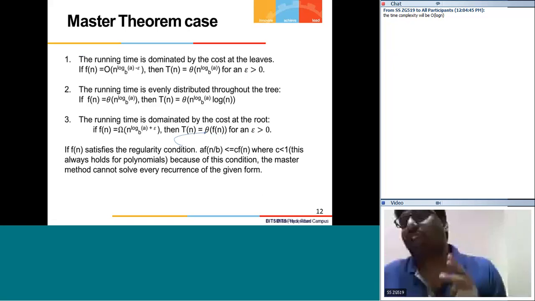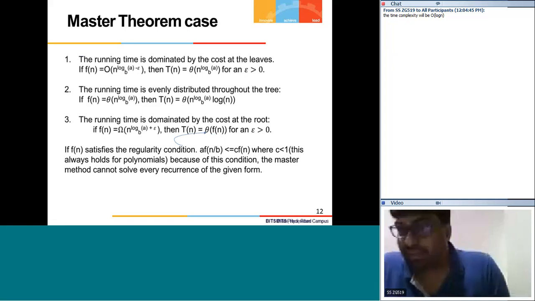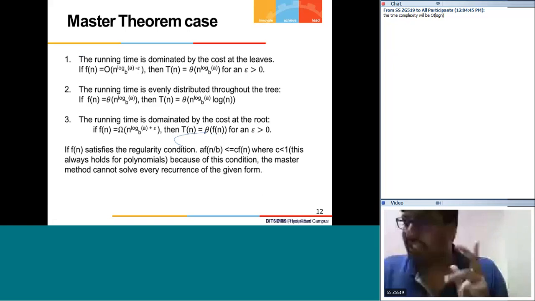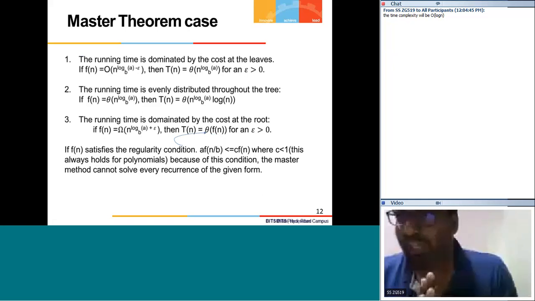Now, when you have a tree, what are the elements that a tree has? Nodes, edges, leaves. Root.